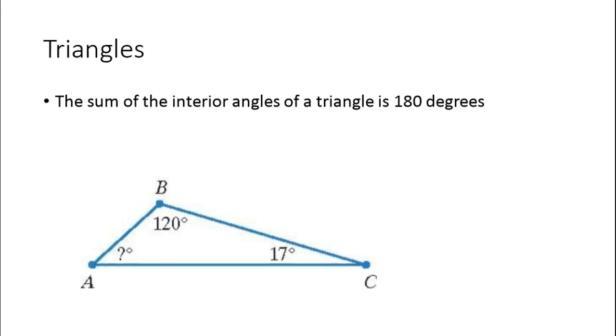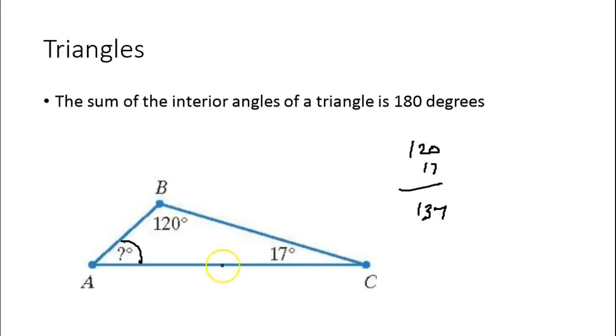The sum of the interior angles of a triangle is always equal to 180 degrees. So if they've given you a missing value like they have here, they say, what is this value? Well, I'm going to take a look at these and say 120 plus 17 gives me what? 137.